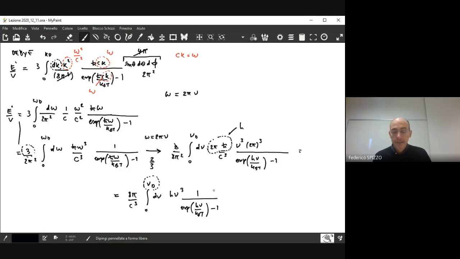And in that case, if you remember, the main problem that was solved thanks to the Planck contribution was the so-called ultraviolet catastrophe, that was due to the fact that, without this term here, you had a divergence of the total energy of the system in the high frequency range.